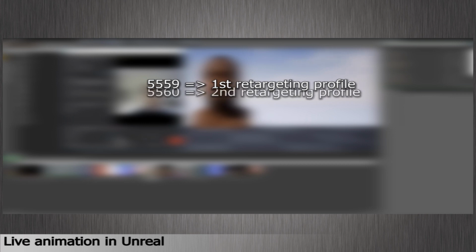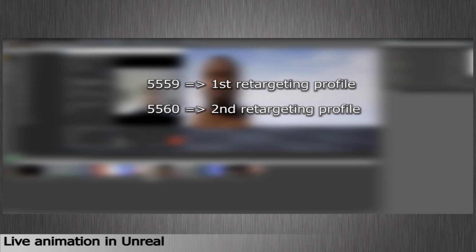To know which port to set for each character, keep in mind that the base port defined in Grabber will be associated with the first profile, and for every following profile, we just add the position in the list to the base port. For instance, if the base port is 5559, Grabber will stream the animation data for the second character on the port 5560, and for the third one, it will be 5561, and so on.